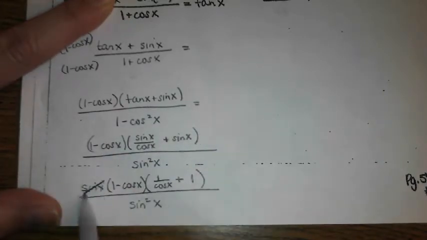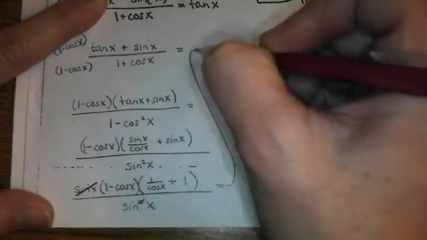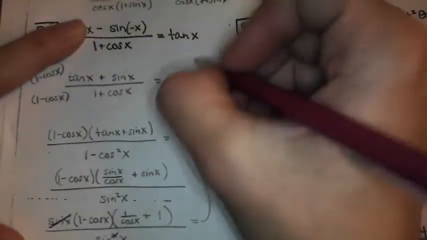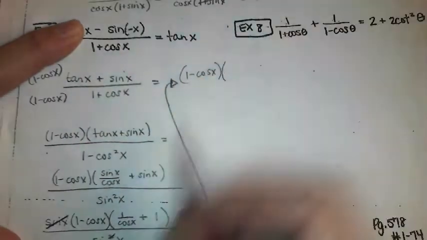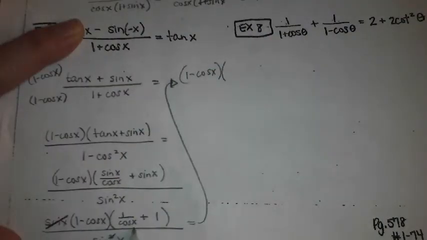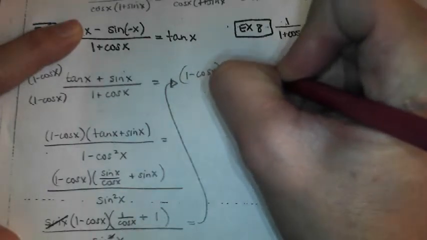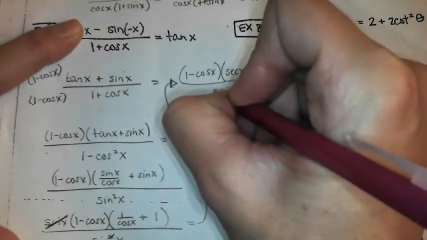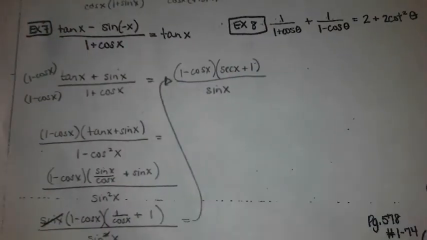And then the sine x will cancel with the squared. So let's see where I am here. Lack of room again. 1 minus cosine x. And I can make that 1 over cosine here, secant x plus 1 all over sine x. Okay.